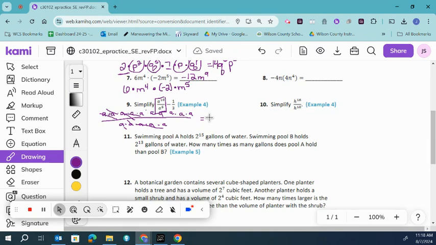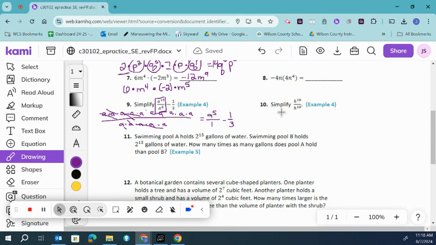So this is our answer simplified. Basically 10 minus 5 is 5.